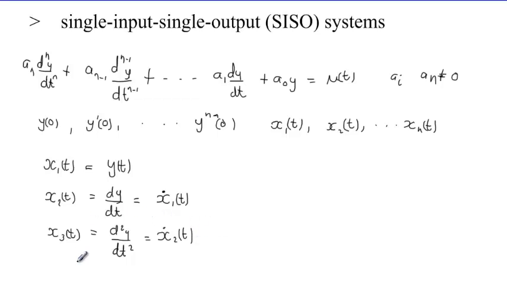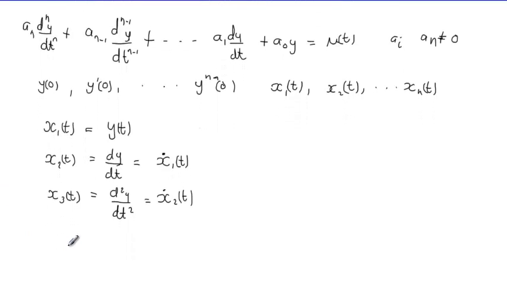Now, this process continues this way until we get to the variable xn(t), which is going to be the derivative of order n minus 1 of y with respect to t.